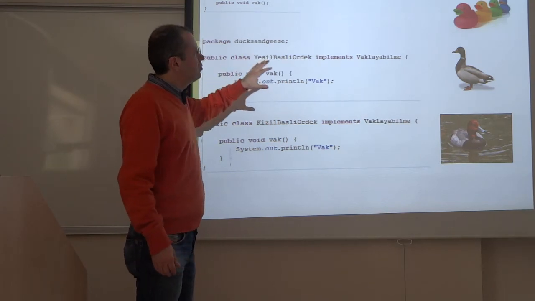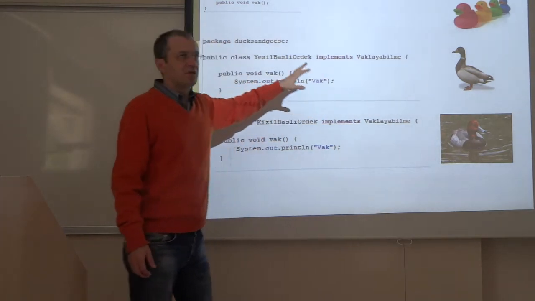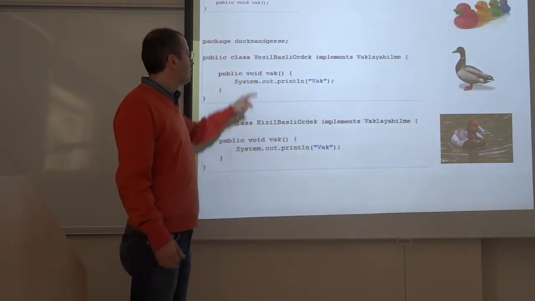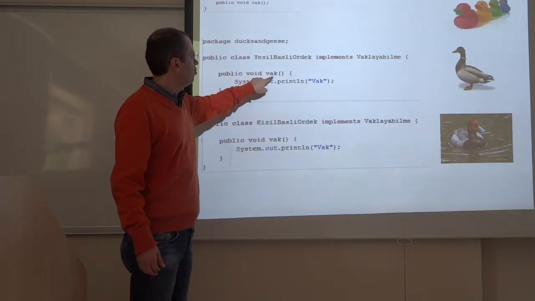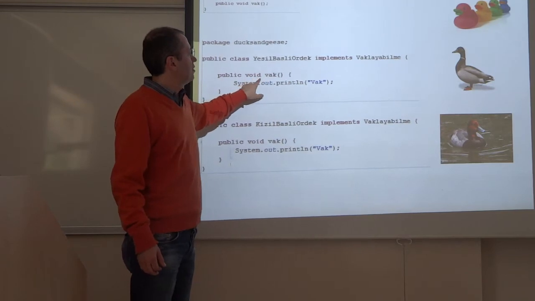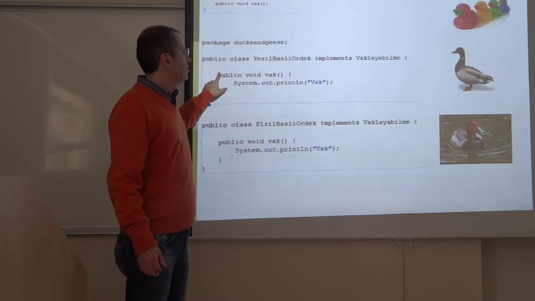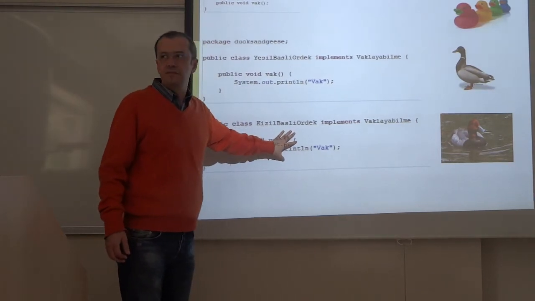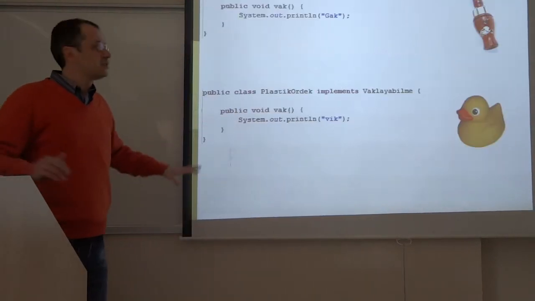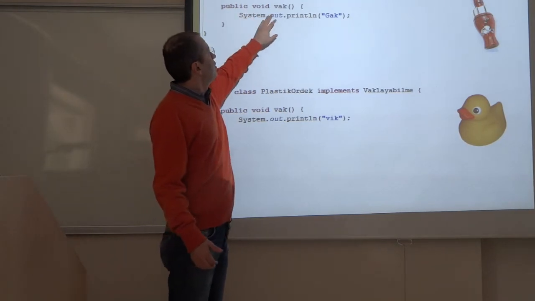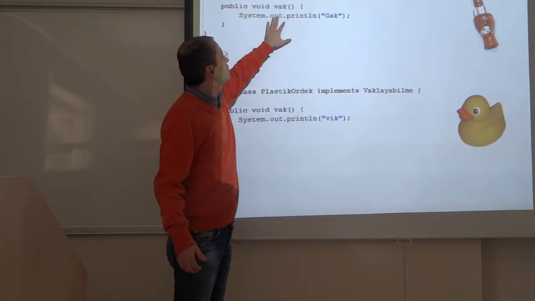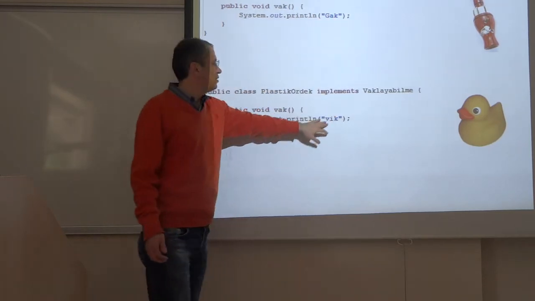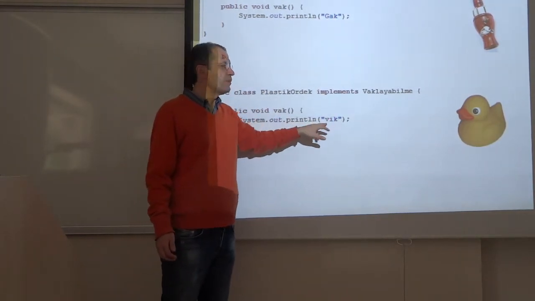All of them had the capability of quacking, so we have a quackability of all these ducks, and all of them have to have this method in them, so everyone can make a different sound. This one has the same thing, but it is making a different sound.